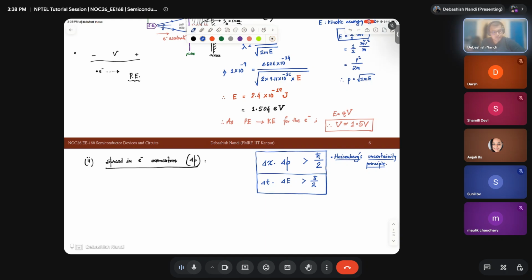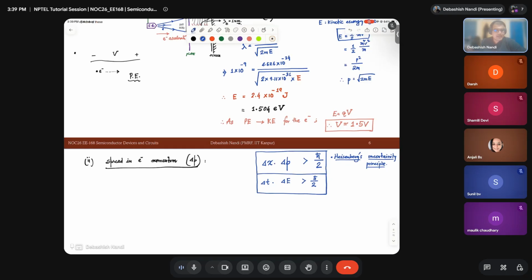Not quite so, very close, but not exactly. So it is not possible to know the exact location of any particle and its momentum to infinite precision, right? That means there will be some error. Fine.